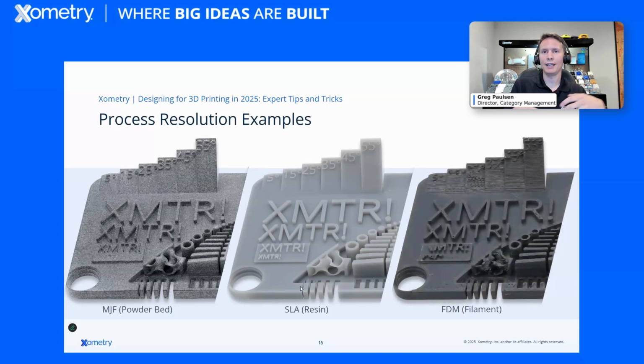And then lastly, I'm not knocking on FDM, by the way, because it's an extremely versatile process and we print a lot of parts in FDM. But if you're doing small text, 7 millimeter text or smaller, it probably isn't the best process for you because you could see that line stroke, and how the filament is deposited on these parts.